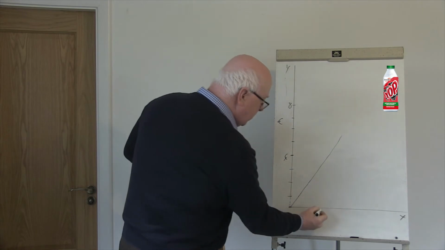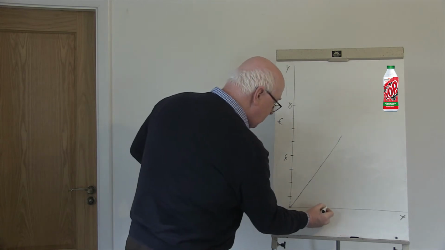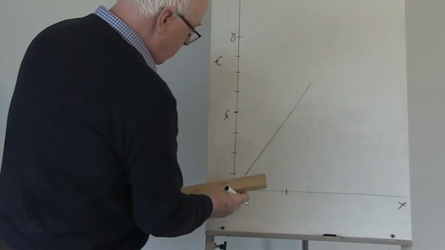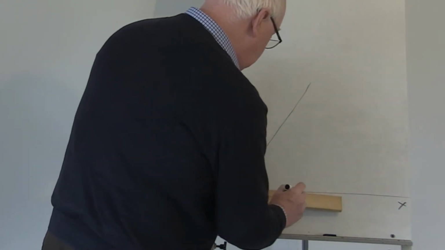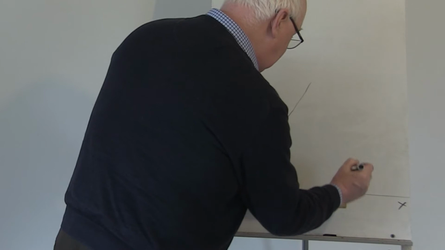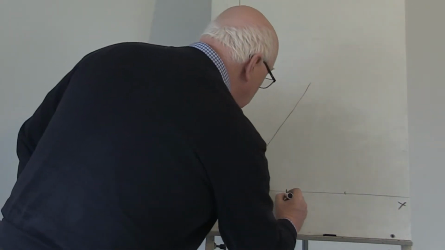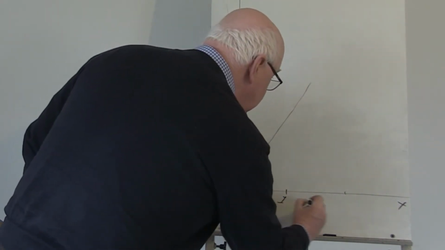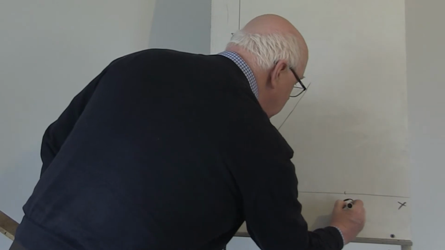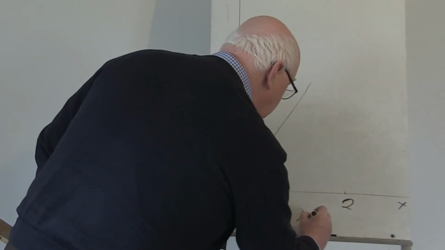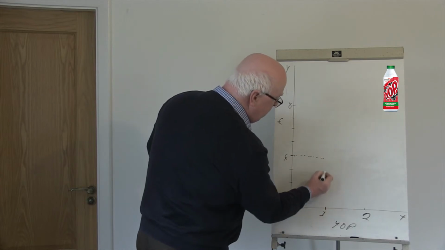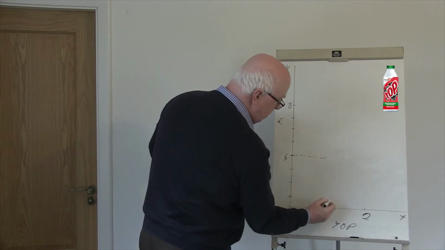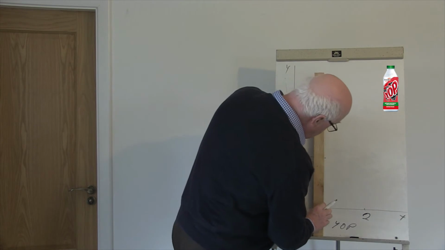And going along here then, we're going to have 1 packet of yops there, and then another packet there. So 1 6-pack and 2 6-pack, and this is YOP.